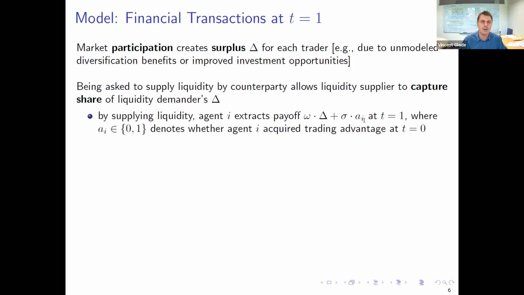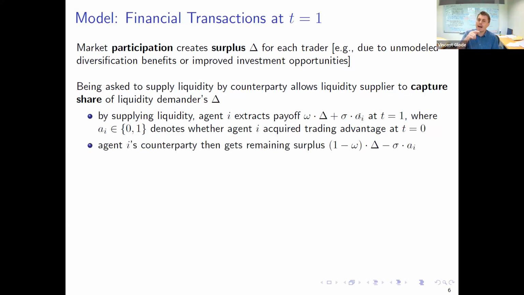But there's also a second term here, which is equal to sigma times AI, where AI denotes whether the liquidity supplier acquired a trading advantage before the transaction, whether the liquidity supplier is a high-frequency trader or is an informed trader, right? So by providing liquidity, you're guaranteed to extract a share of the surplus, but you can get a bigger share by acquiring what we call a trading advantage: data, collocation, services, trading priority, and so on.